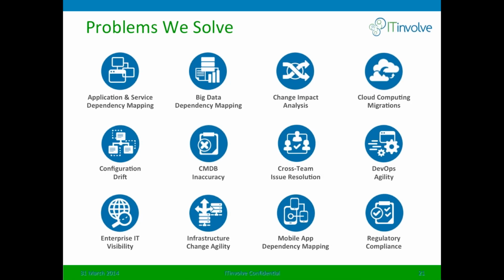We help you manage regulatory compliance in terms of mapping policies to your infrastructure and giving your teams new levels of awareness and understanding of potential policy impacts related to changes or actions they might be taking. So this gives you a quick overview of the wide variety of problems that ITinvolve helps you to solve.